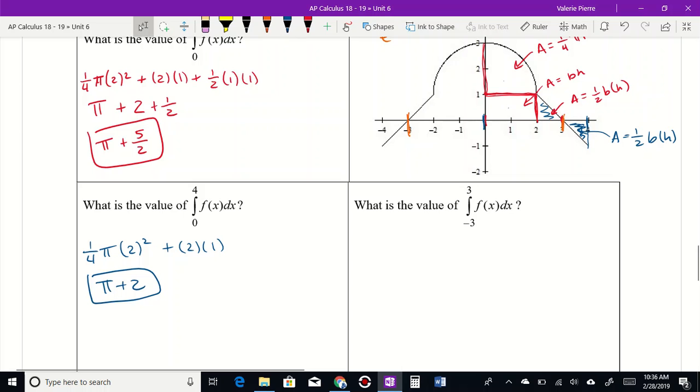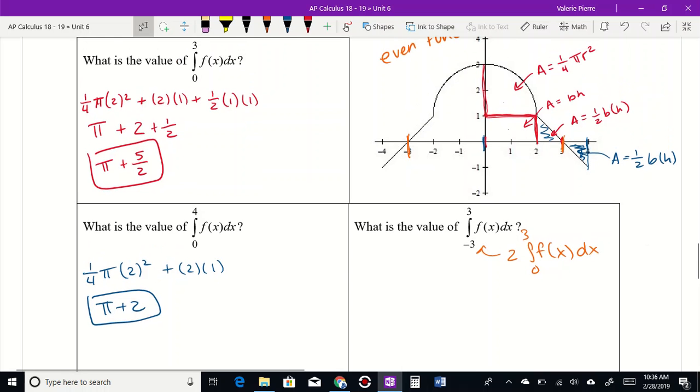So because this is an even function, I know that to find this, all I need to do is take 2 times the integral from 0 to 3 of f of x dx. Now I already know what the integral from 0 to 3 of f of x dx is. I found it in my first box. So I'm going to take 2 and multiply by pi plus 5/2. So I now have 2 pi plus 5.